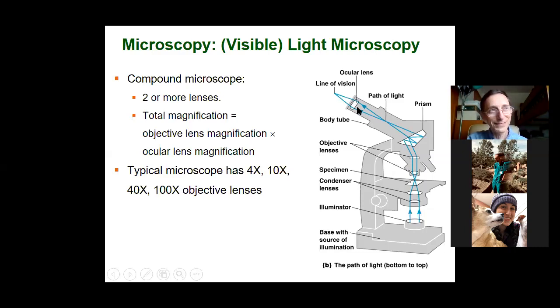Most labs have microscopes where the ocular lens is 10x, meaning it multiplies 10 times, and then you multiply that by the objective lens. Most microscopes have an objective lens that can vary between 4 times, 10 times, 40 times, and 100 times.